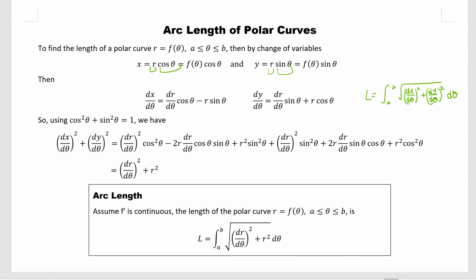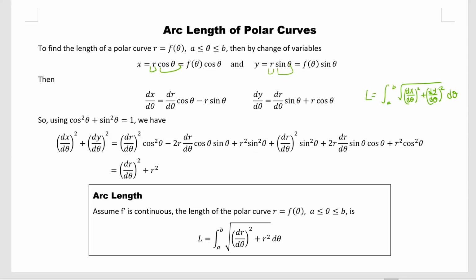Well, we're gonna take this guy and square it. What happens is the first term squared, which is the derivative of r with respect to theta squared, cosine squared, minus 2 times both of them. So that's why we have 2r dr d theta cosine theta sine theta. And then plus the last guy squared, which is r squared sine theta squared.